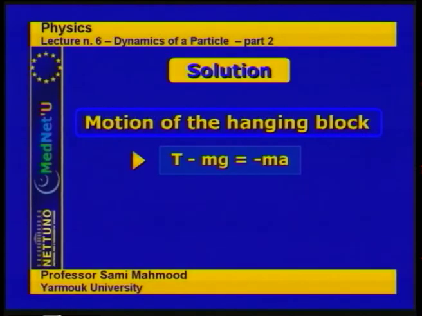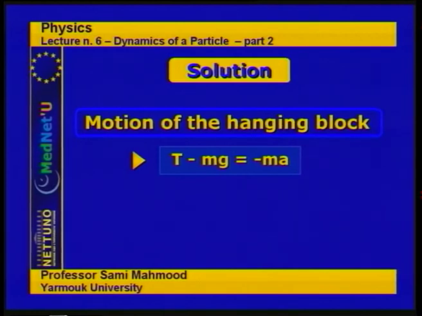Now we have arrived at two equations. Now we go on to derive the equations which represent the motion of the hanging block. The hanging block is influenced only by two forces, one acting upward, which is the tension, and one acting downward, which is the weight of the hanging block.